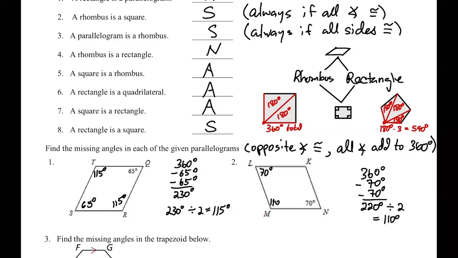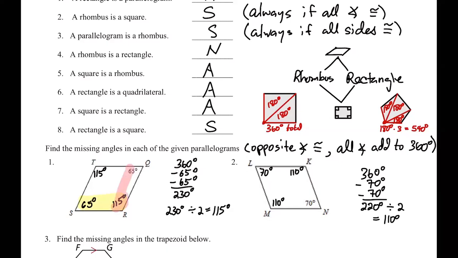Now you'll notice that in each case, each pair of consecutive angles adds to 180 degrees. Right? So for number one and number two, and they're both quadrilaterals, so it should make sense. Or sorry, parallelograms. So these two angles add to 180.